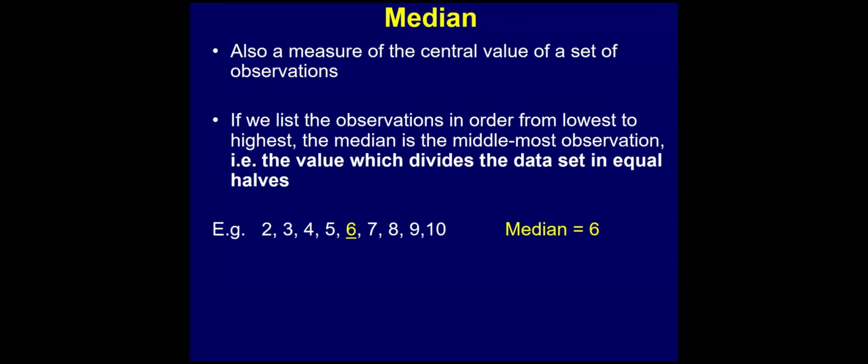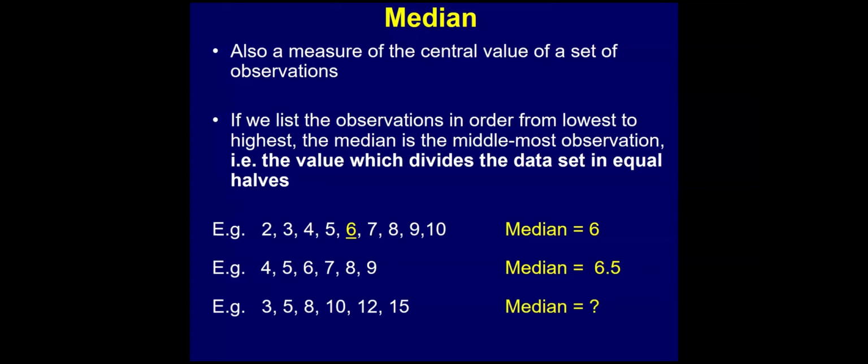Okay, 6 is my median here. And in case you have an even number, we go for calculating by putting it in ascending order, then you take the two middle ones, say 6 and 7, add those, divide by 2 and get the median. Let us take this and can you tell me what is the median here in this example? The last one. They have arranged it as 3, 5, 8, 10, 12, 15.